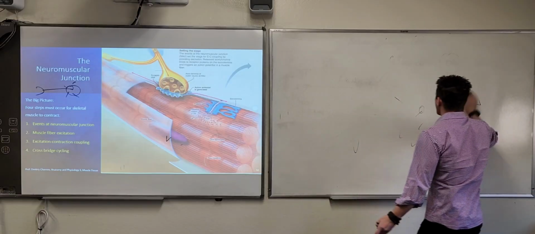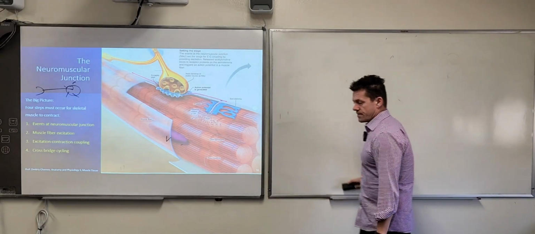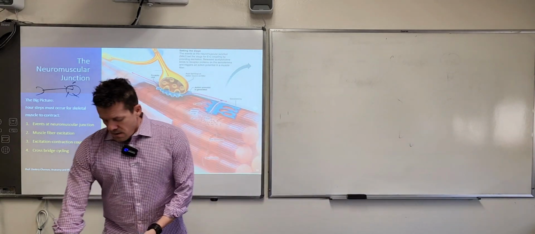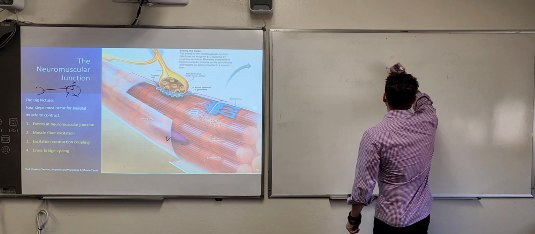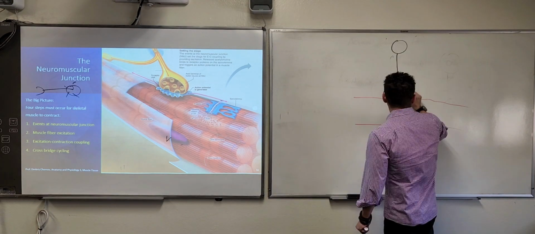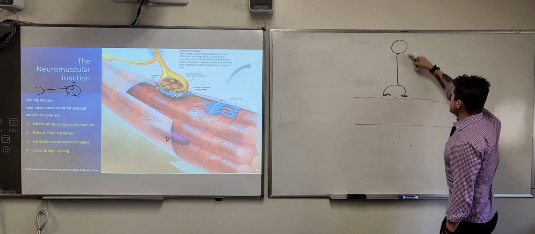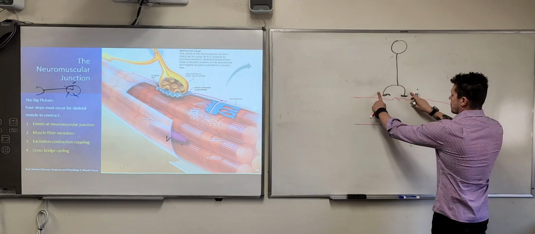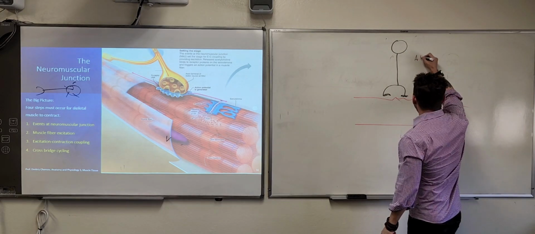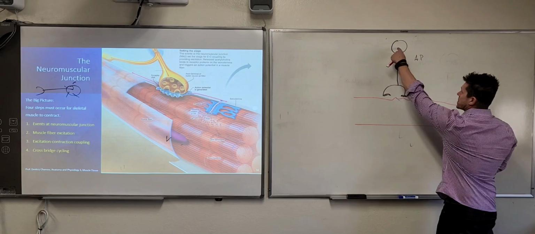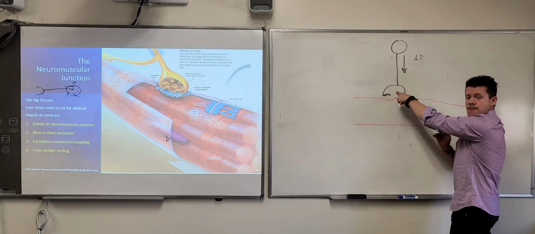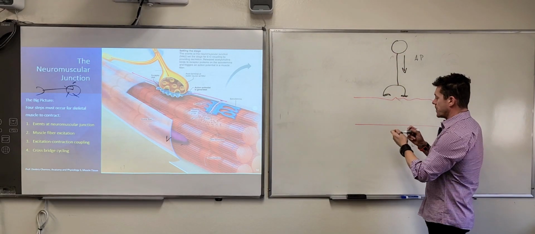There are also 4 or 5 steps, however you want to look at it. Here's the axon, cell body, axon terminals. The electrical impulse, or the action potential, always goes away from the cell body towards the target organ.